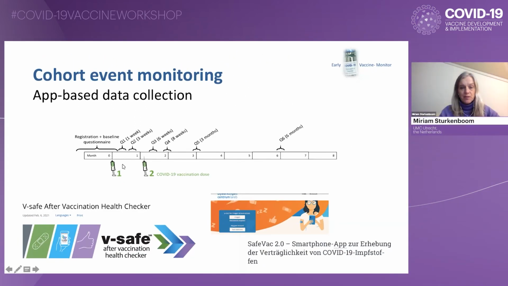Such a system was put in place in the US, and that's the vSafe system. It's being put in place in Germany. The SafeVac system is being put in place in the Netherlands and other countries as part of the early COVID vaccine monitor project. So they're all monitoring the occurrence of adverse events following COVID-19 vaccination.